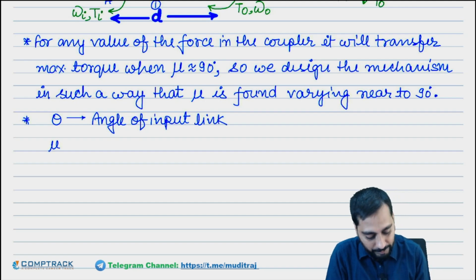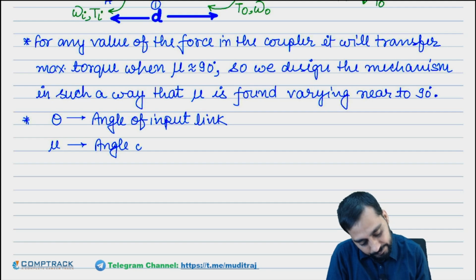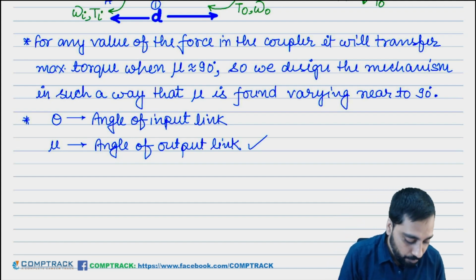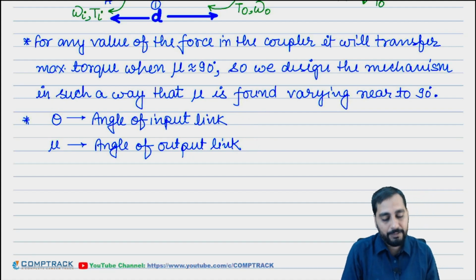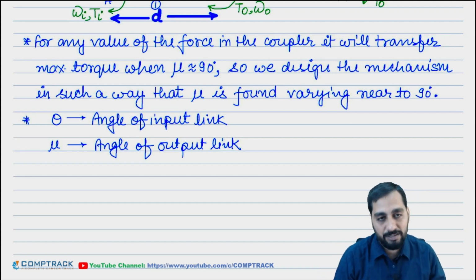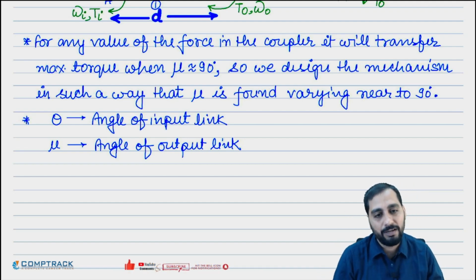And mu is related to the angle of the output link. So we will try to find the value of mu in terms of theta, or we want to check how mu varies with respect to theta.